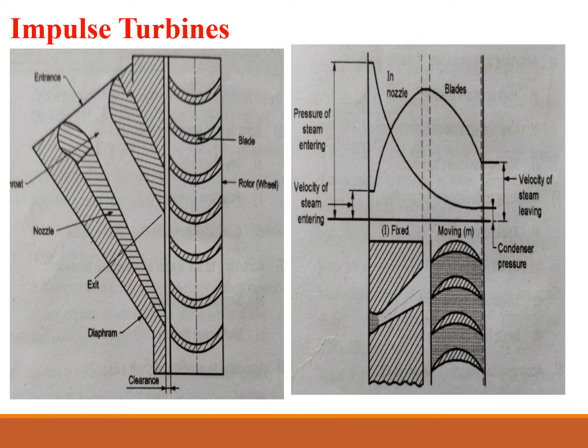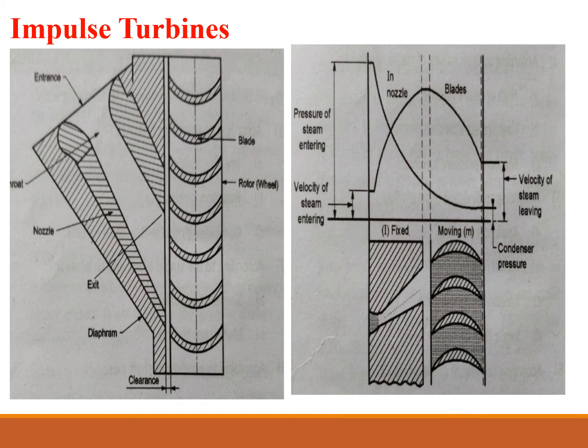Then this high velocity steam passes through moving blade with no drop in pressure but gradual reduction in velocity. The loss of energy due to this higher exit velocity is commonly called the carryover velocity or leaving loss.